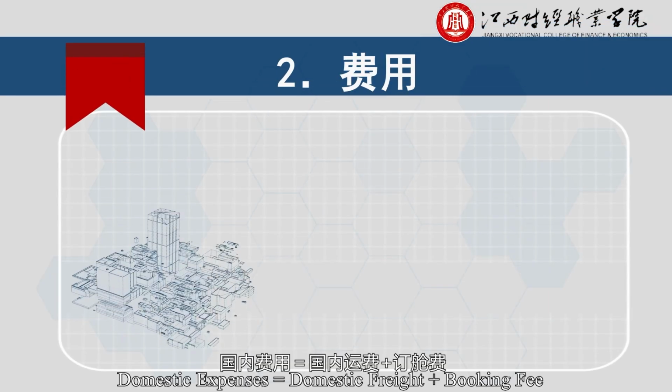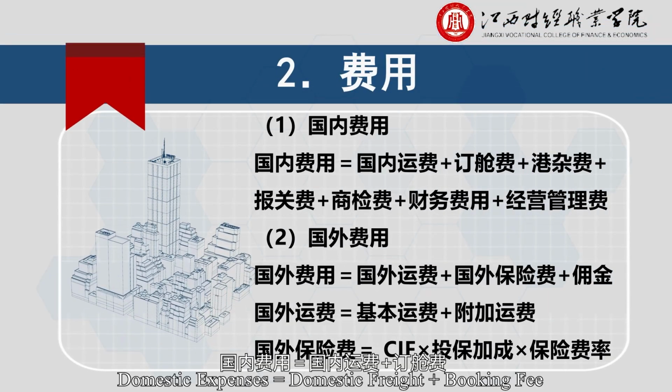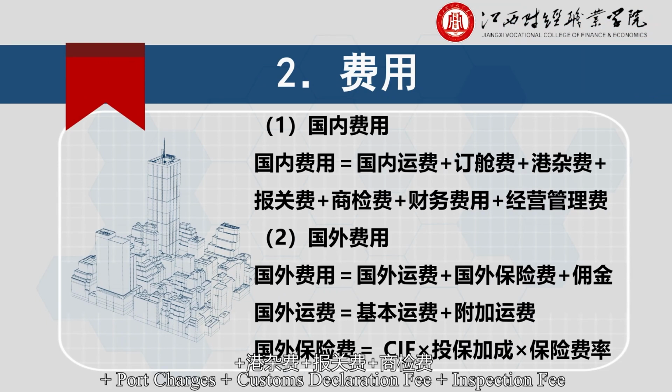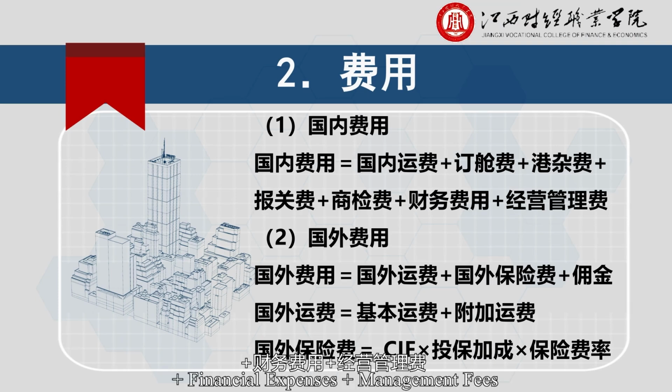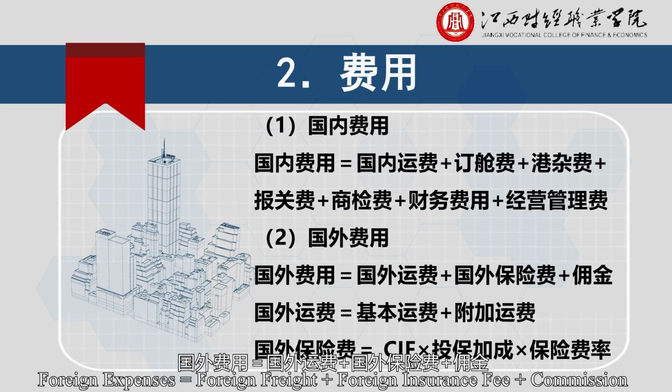Expenses. Domestic expenses equals domestic freight plus booking fee plus port charges plus customs declaration fee plus inspection fee plus financial expenses plus management fee. Foreign expenses equals foreign freight plus foreign insurance fee plus commission.